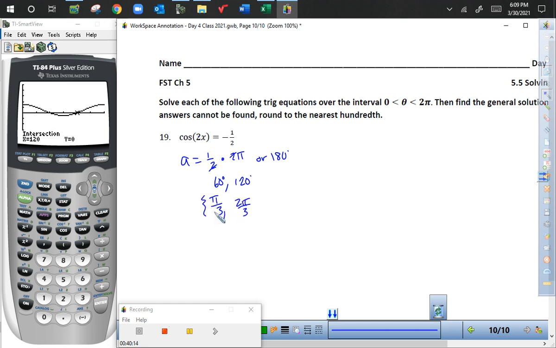Those are common triangles, but if you don't know them instantly, just divide by 180. And finish up using the period. Our period on this one, remember, was pi, so plus pi n, where n is an integer. And the second one is 2 pi over 3 plus pi n, where n is an integer.